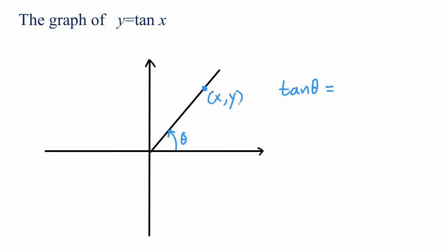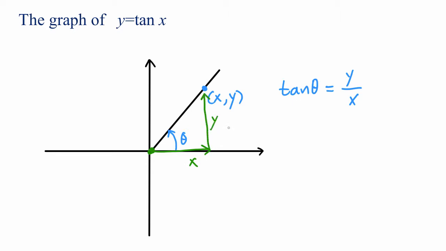Let's call it x comma y. And then just take the ratio of the y coordinate to the x coordinate. So if you start from the origin, to reach x comma y, you go right by x and go up by y.